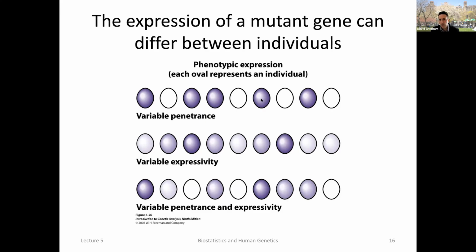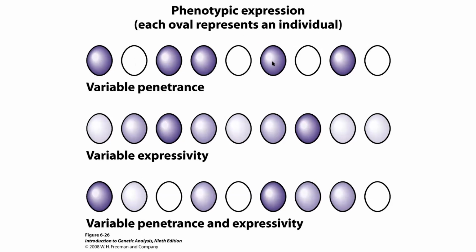This is a scenario known as variable penetrance. There's incomplete penetrance of this mutation. This is in contrast to variable expressivity, where all the individuals manifest the phenotype, but they manifest it to differing degrees. And so there's variation in the expression of the phenotype.